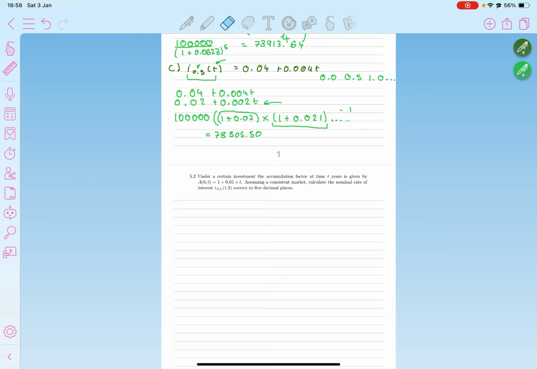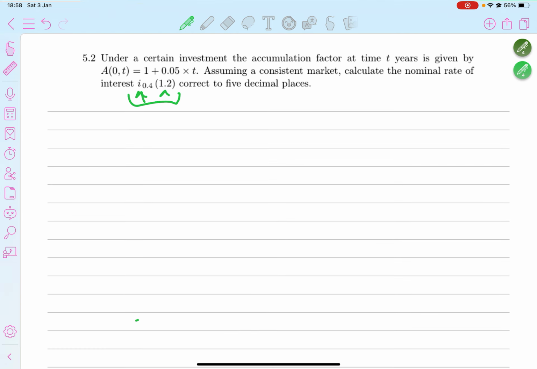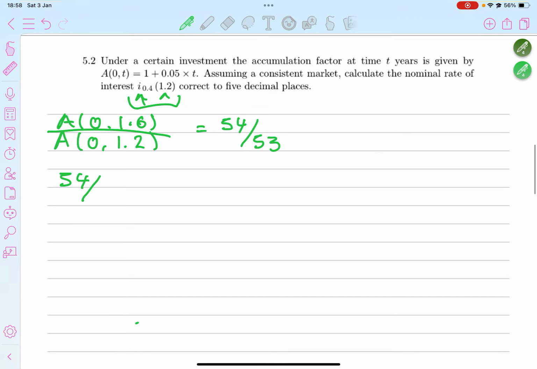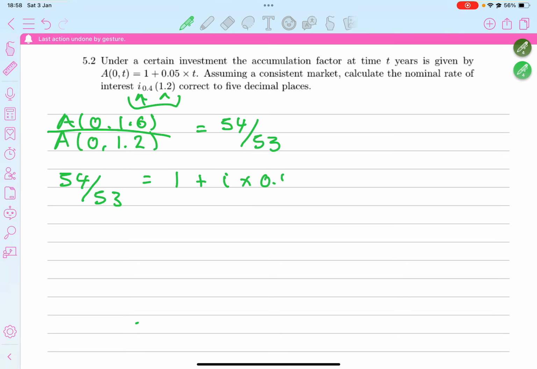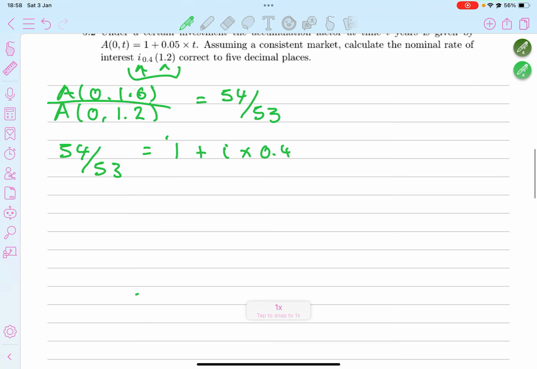Okay, let's redo it. We need to find a 1.2 divided by a 1.6. You need the bigger one on top, otherwise it's a discount rate, and then it's not right. So we find that, and this will be 54 over 53, because that will be correct. Then 54 over 53 is equal to 1 plus I times 0.4, because this is the simple interest formula.